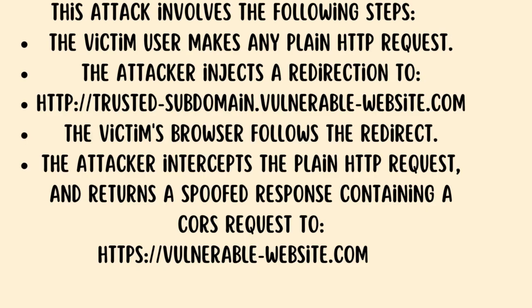This attack involves the following steps. The victim user makes any plain HTTP request. The attacker injects a redirection to http://trusted-subdomain.vulnerable-website.com. The victim's browser follows the redirect. The attacker intercepts the plain HTTP request and returns a spoofed response containing a CORS request to https://vulnerable-website.com.